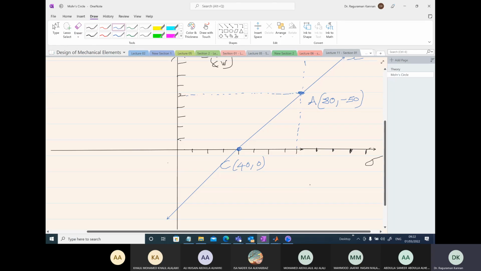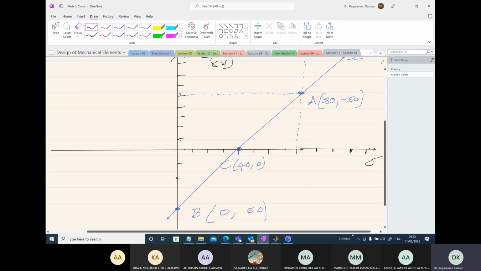So let's assume this is the y-axis. Now we know that sigma yy is 0. So my other point B should be right on the tau axis, where sigma yy is 0, intersection point, and the tau should be plus 50. So this intersection point should be plus 50.